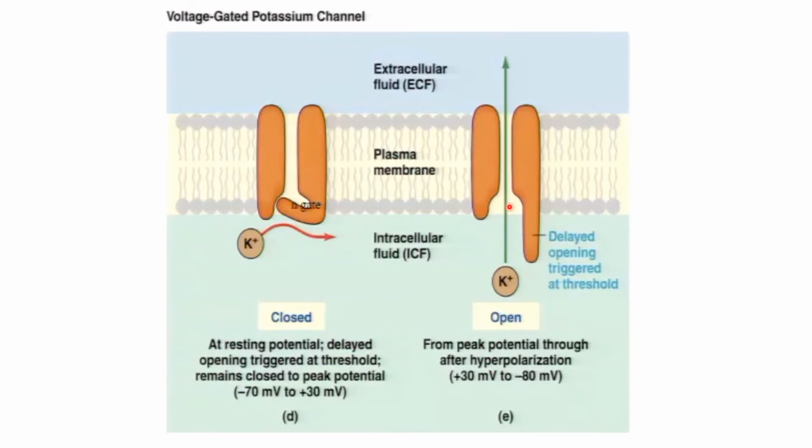When the membrane reaches back to the resting membrane potential, minus 70 millivolt or minus 80 millivolt, that is hyperpolarization, and then these charges push the potassium channels to close. So no more potassium will go out, and the membrane will not go beyond minus 80 millivolt.